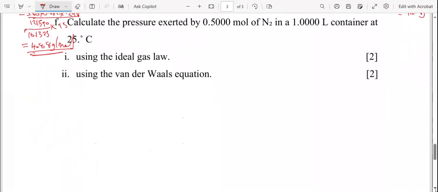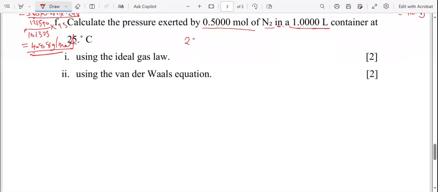So now we are attempting this question: calculate the pressure exerted by this number of moles of nitrogen in a container at 25 degrees. We need to change only the temperature, as it is not in standard.